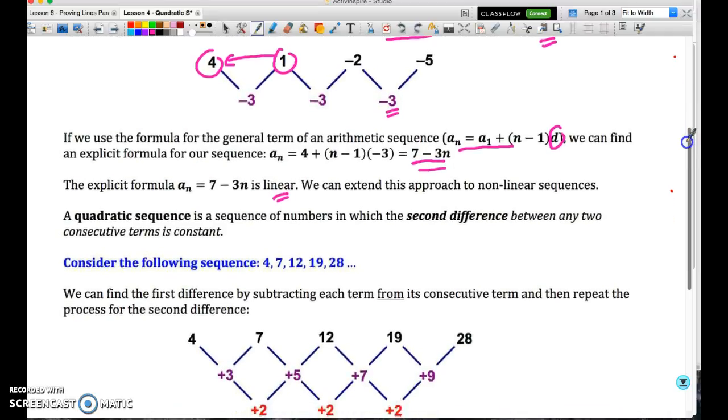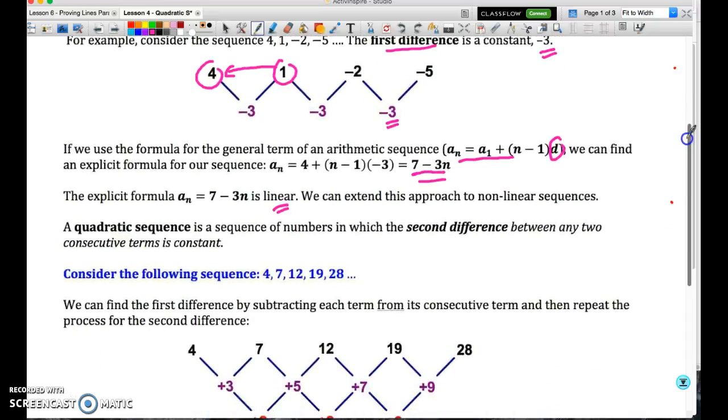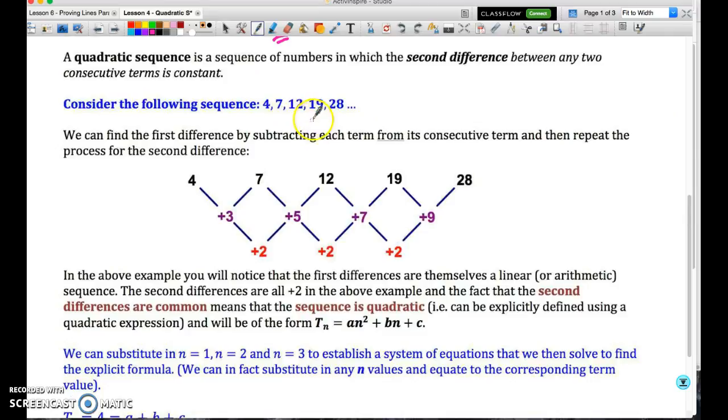And so if we basically take this idea of differences, we can extend that to quadratic sequences. Here we have a sequence 4, 7, 12, 19, 28. I'm going to repeat the process. We have our first differences over here, and what you can see with the first differences is that they're not constant.